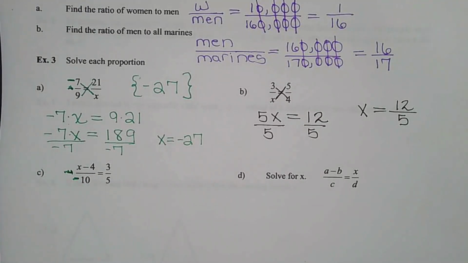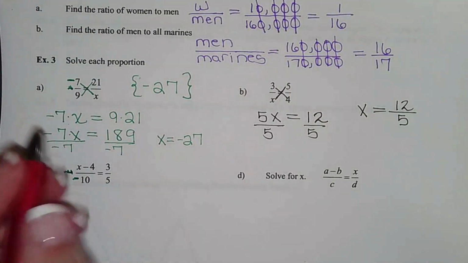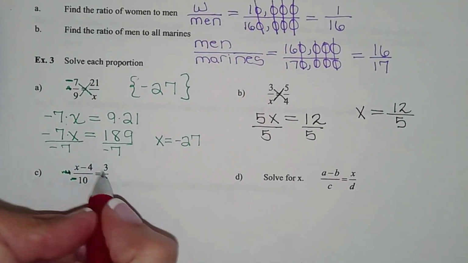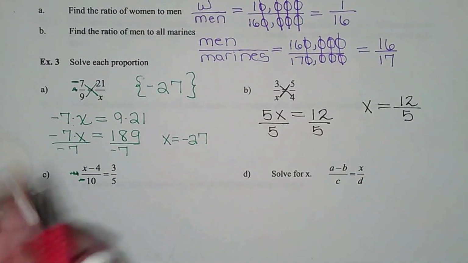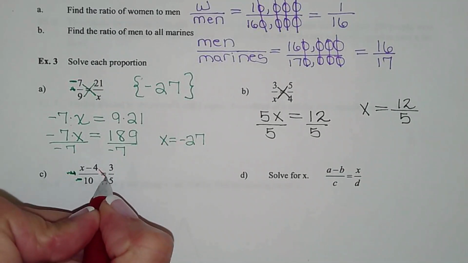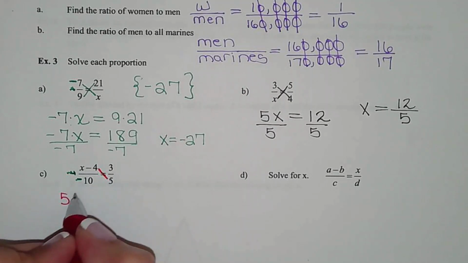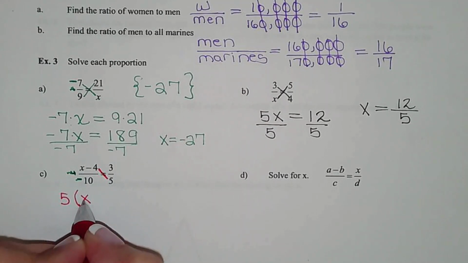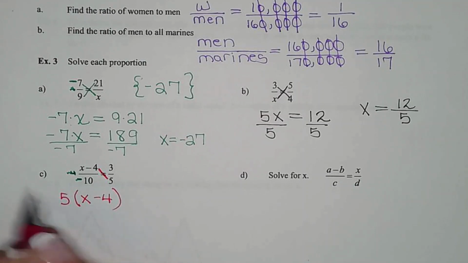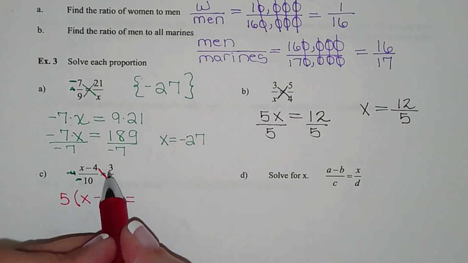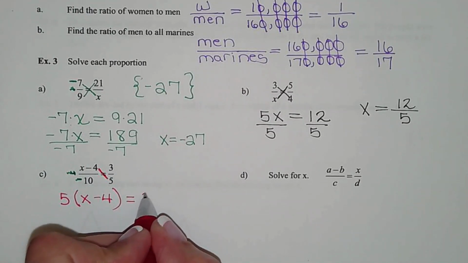Okay, so next we have this one. So I'll do this one with you and I'll let you guys do D. So 5, and then I do parentheses x minus 4. So I do my x cross product first, equals 3 times negative 10.